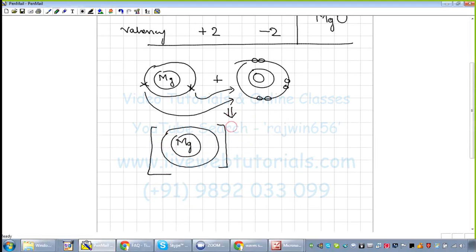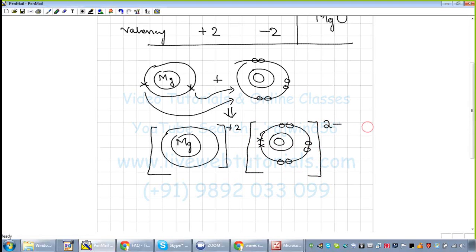It will be valency 2 plus, or +2. Oxygen nucleus, outermost orbit. This is going to carry 2 minus. This was the formation of magnesium oxide, that is MgO.